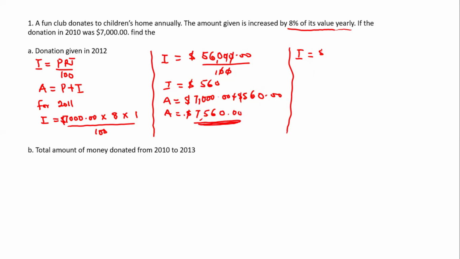So that will be $7,560 times 8%, the yearly increase, times 1. From 2011 to 2012 is 1 year, divided by 100. So the interest on it will be $7,560 times 8, which gives $60,480. $60,480 divided by 100, 0 cancels 0.